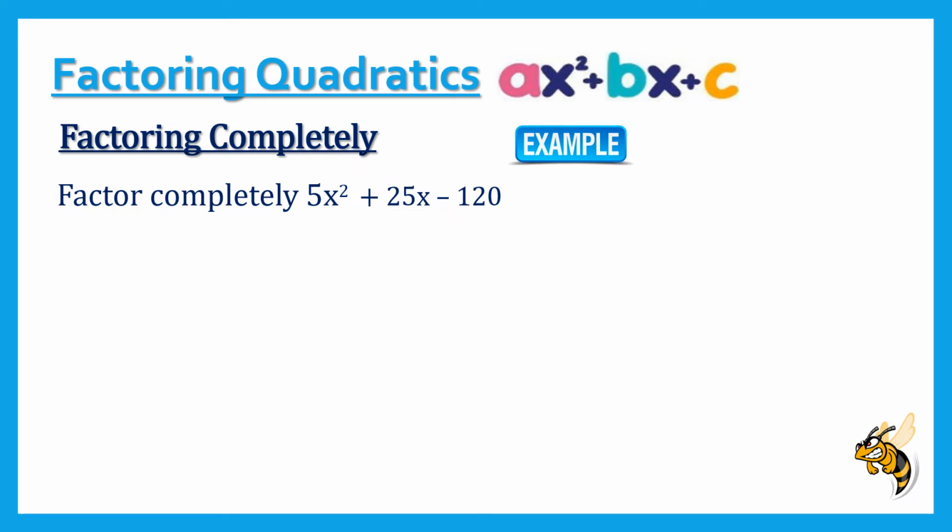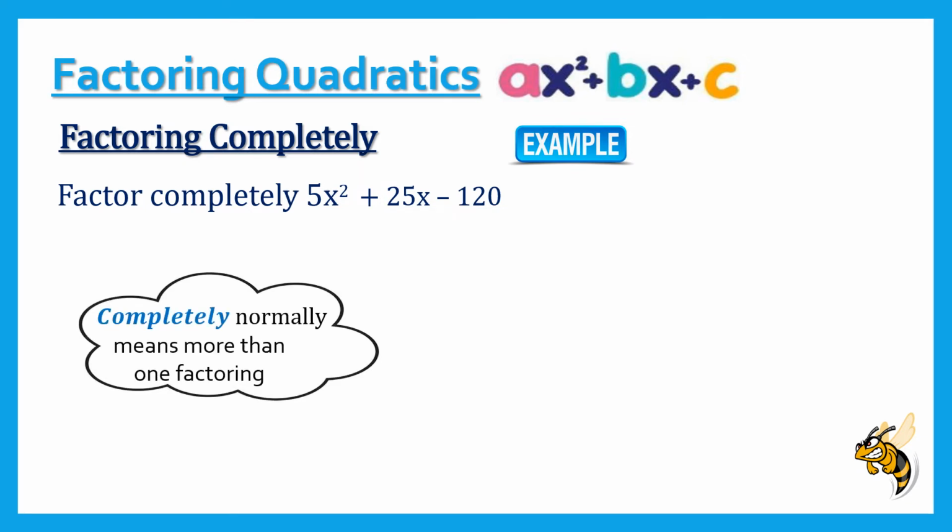Factor completely 5x squared plus 25x minus 120. Remember, factoring completely means normally that you have to do additional factoring. So I'm going to analyze those three numbers, and I notice that they all have a 5 in common. So I'm going to break it down using the 5.